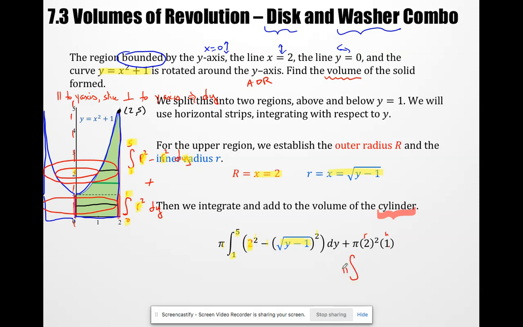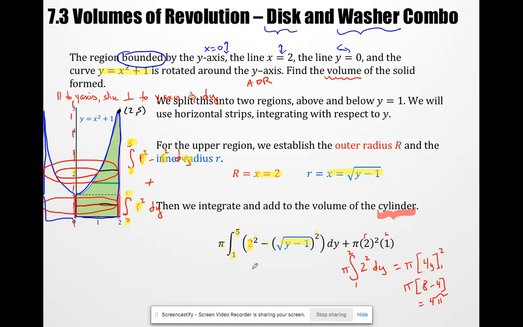So this integral would be pi. The radius is constantly 2, going from 1 to 2. That's where this formula comes from, by the way. So integrating 4, that constant 4 would be pi times 4y from 1 to 2. Notice that that is 4 pi.